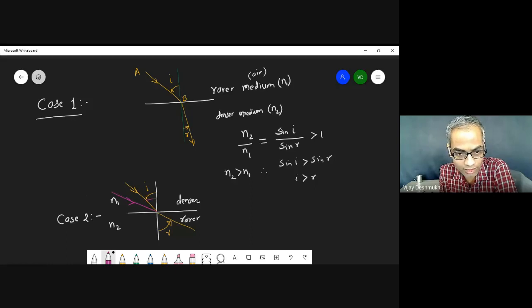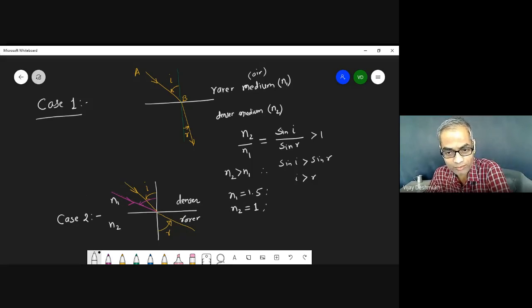Now this is the angle, and let us take a practical example. Suppose the denser medium n1 is 1.5 and n2 is air, so it is 1. Then the angle of incidence i is 30 degrees.